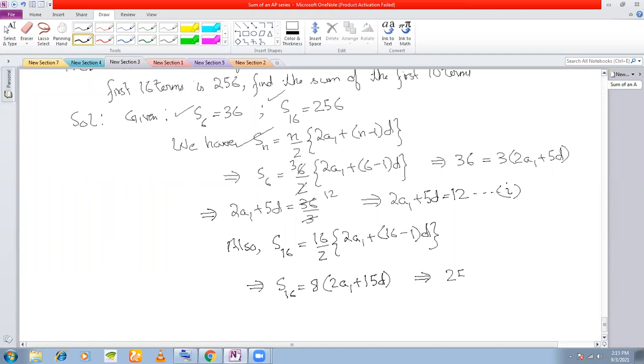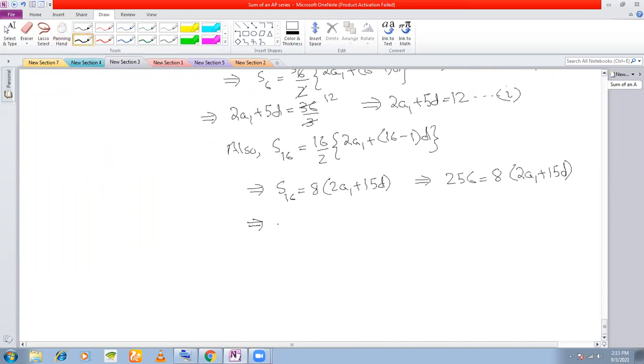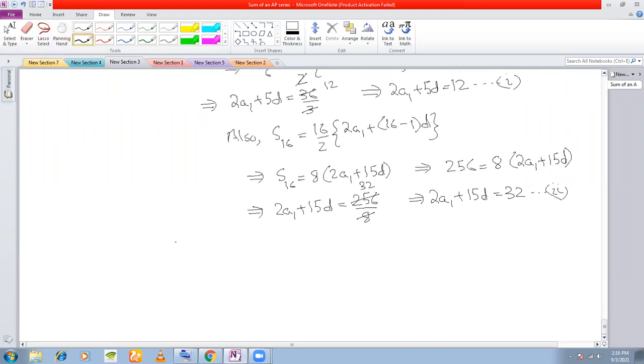S16 is given to you as 256. 8 times twice A1 plus 15D is equal to 256. You divide both sides by 8. So you get twice A1 plus 15D is equal to 256 divided by 8, which is 32. Get the second equation. Now we shall solve these two equations to get the values of A1 and D.